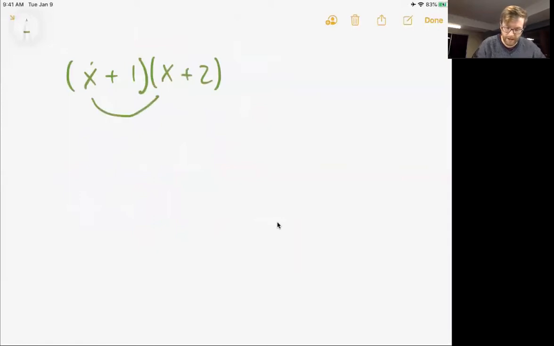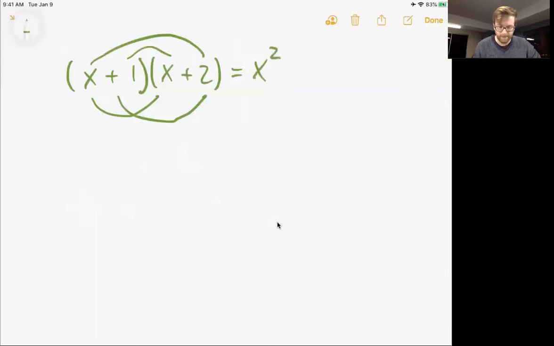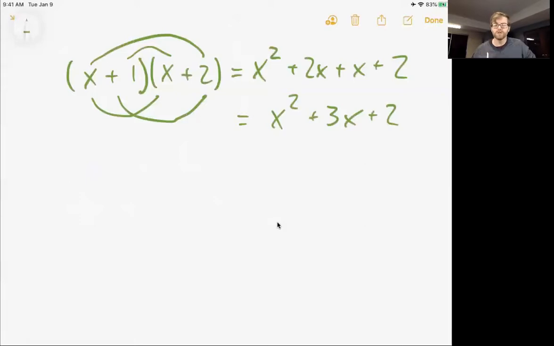So first, outside, inside, last, that would be x squared plus 2x plus x plus 2. Okay, and then I could combine those middle terms, right? So this is expansion, the opposite of factoring, okay? So when we're factoring something, they start out giving us this, and we're asked to go the other direction and figure out what binomials would multiply together to equal this thing that we're trying to get, okay?